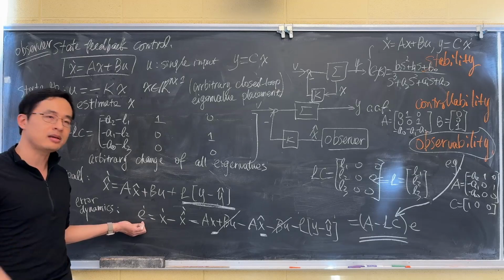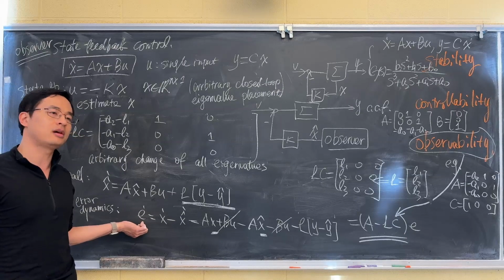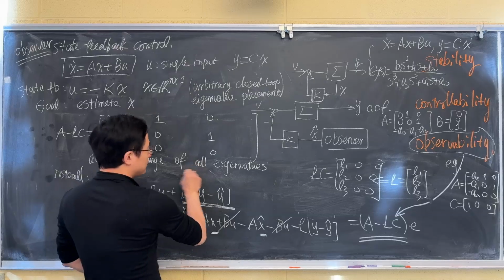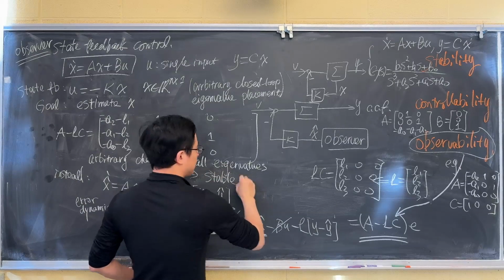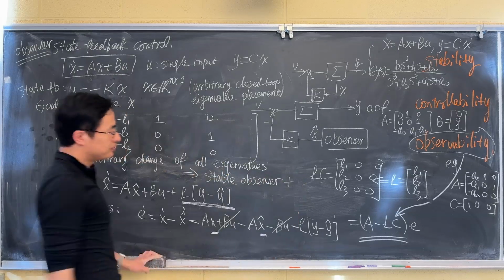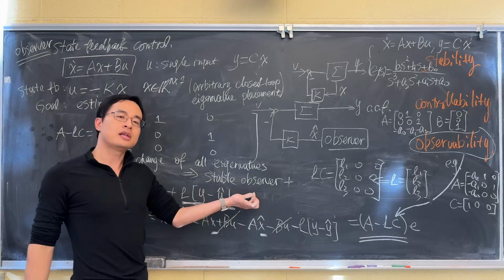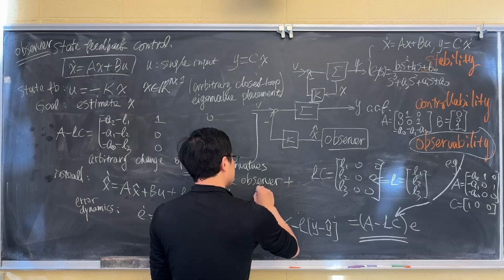I can make it stable, I can make it converge super fast, I can make it converge slower. So this is the conclusion. We can have a stable observer and arbitrary design of how fast the observer converges.